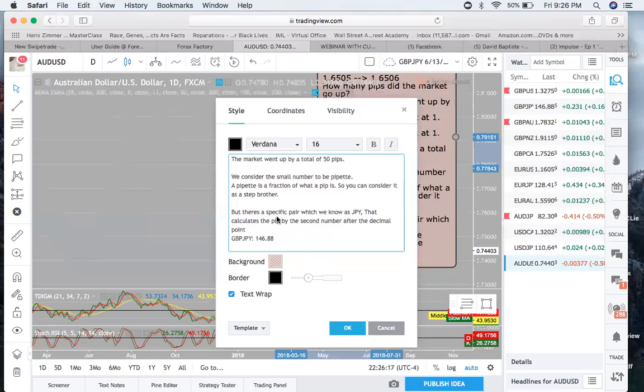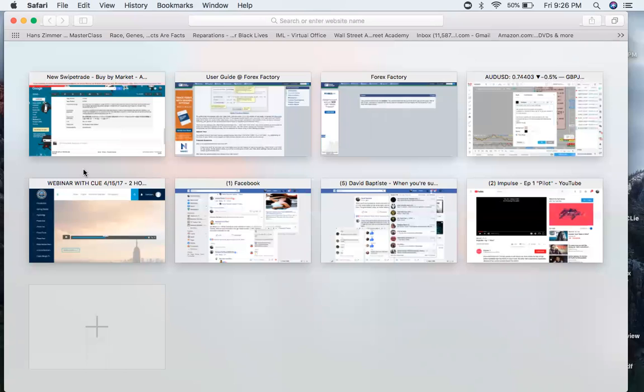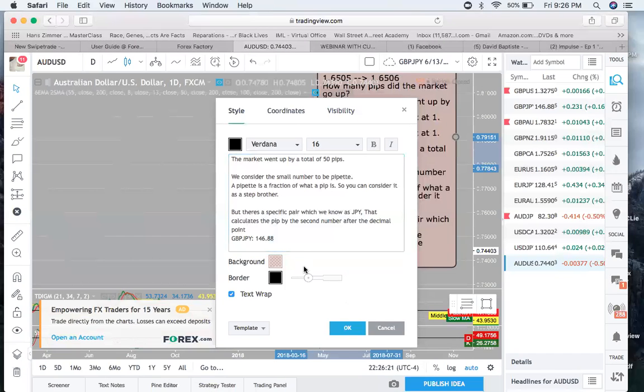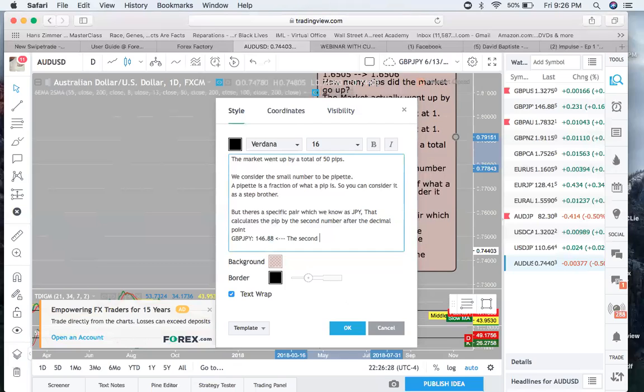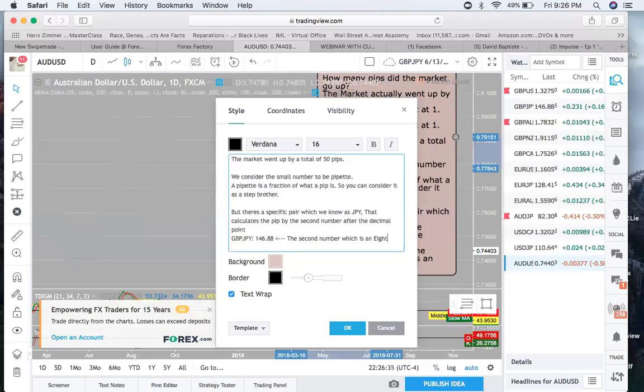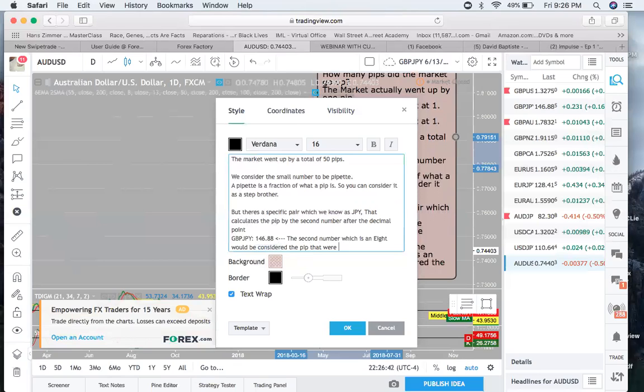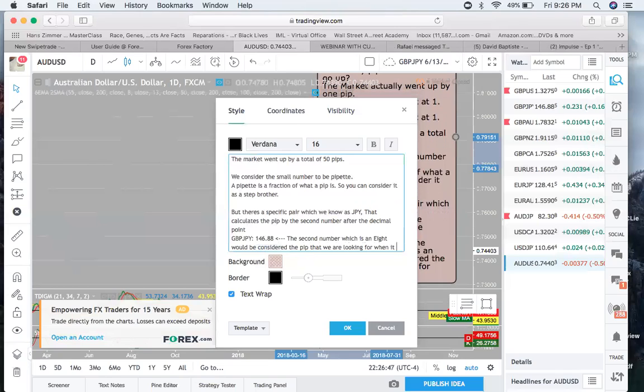So the second number, which is the 8, I apologize, guys, the second number, which is an 8, would be considered the pip that we're looking for when it comes to JPY pairs.